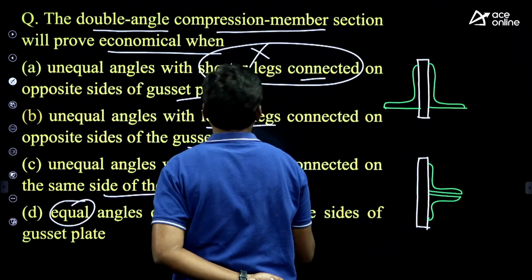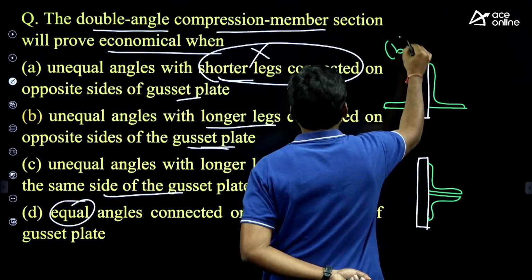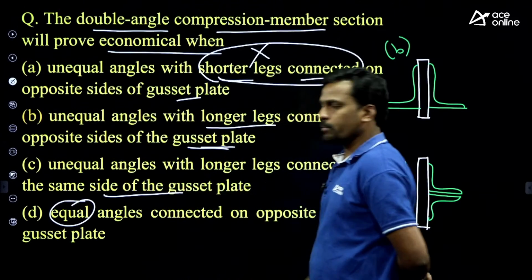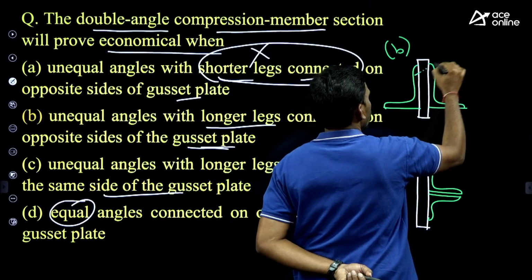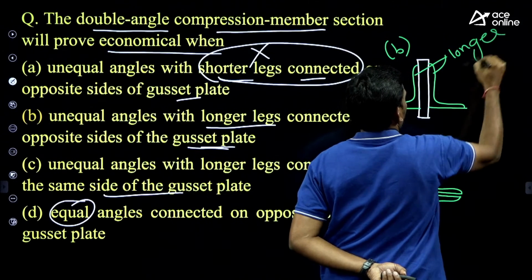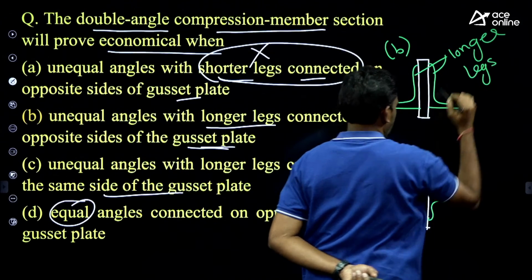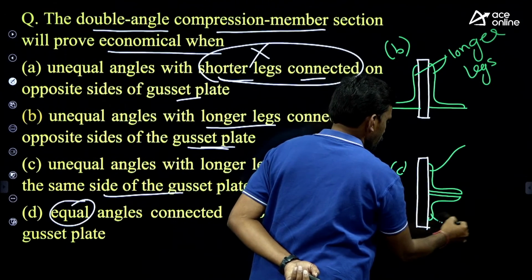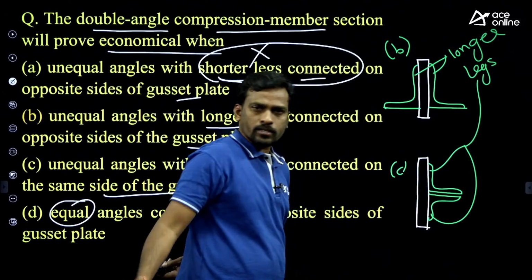This is option B, and this is option C, given the same side of the gusset plate. These are the longer legs.